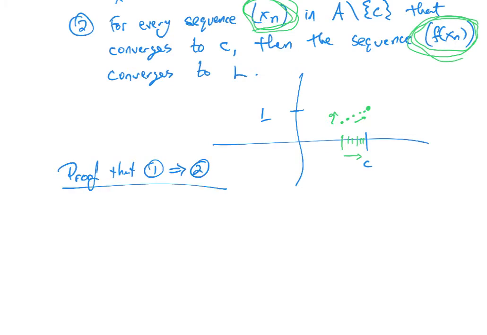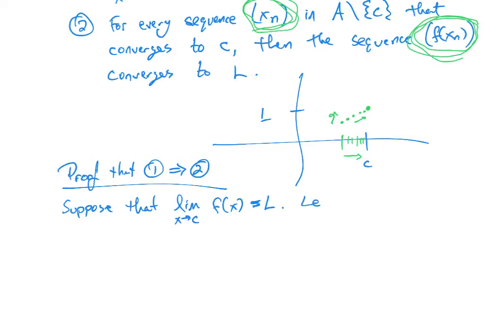Okay, so we suppose we've got 1. So we know that we got this functional limit. Now, we want to prove 2. 2 says every sequence that converges to C, for every sequence, and so on.